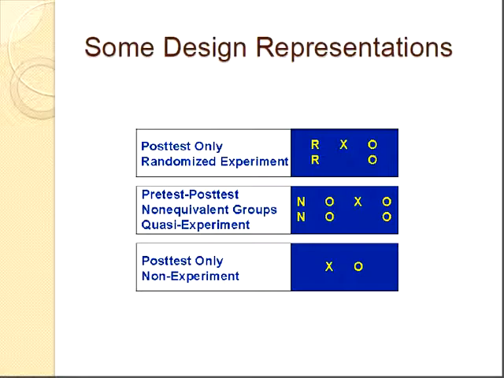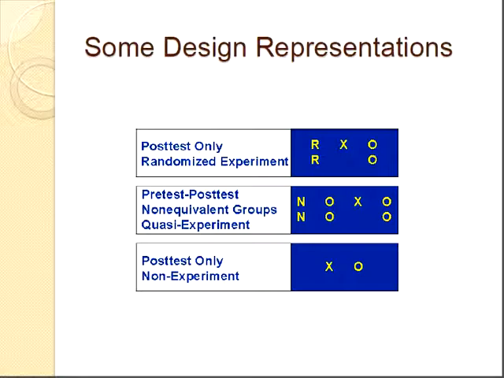And here you see R with X and the O there. What R means is the randomized group, and then the X there is talking about where the treatment is. And then this other is the post-test activity that you will be doing.